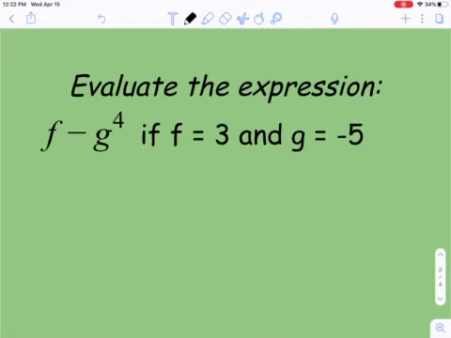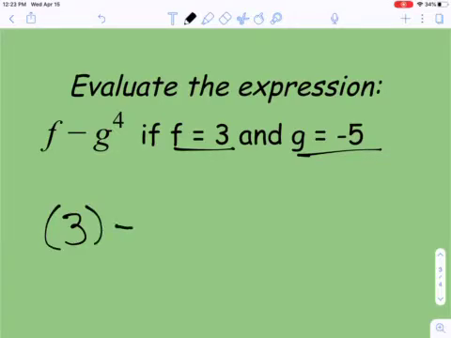Let's try another one. Same thing. They're giving us a value for f and a value for g. So let's rewrite this and put the numbers in. Instead of writing f, I'm going to write the number 3. This time I will use parentheses.